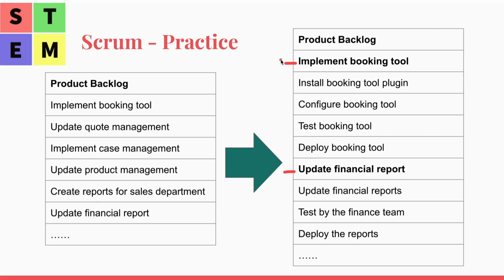That means they are ready for development and the steps are listed. For the other features, we took the assumption here that they are not ready for development yet. So that's the detailed version of the current product backlog.